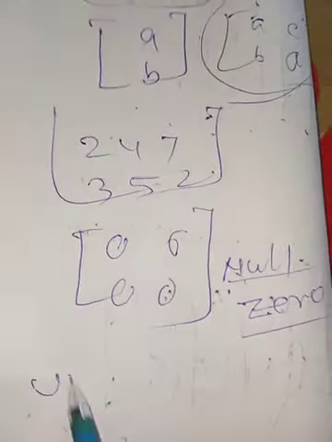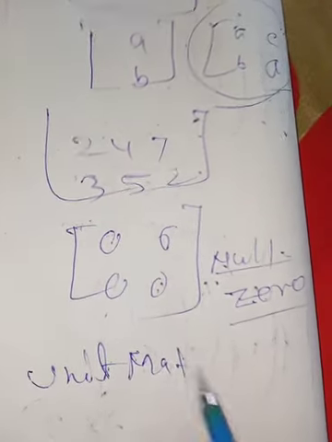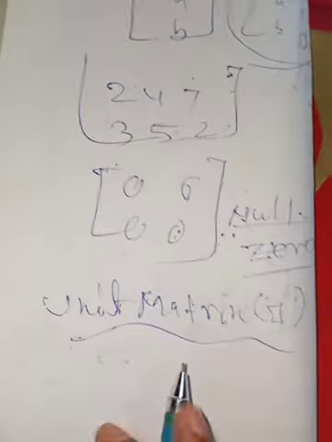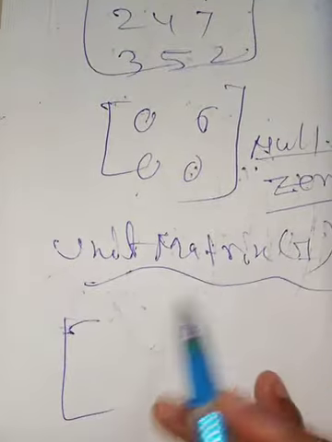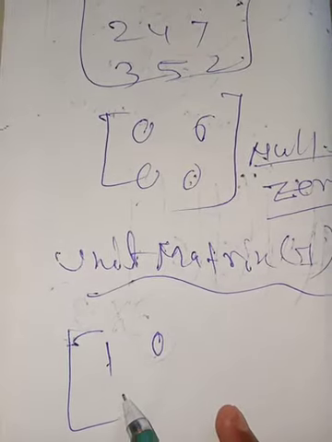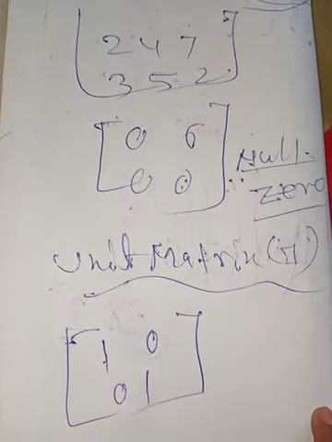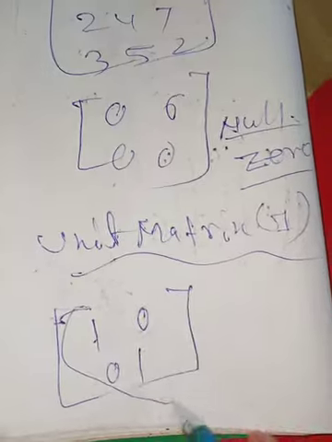Then one more important thing is the unit matrix, which is represented by I. This is known as a unit matrix. In that case, the elements of its leading diagonal are 1. This is the leading diagonal.